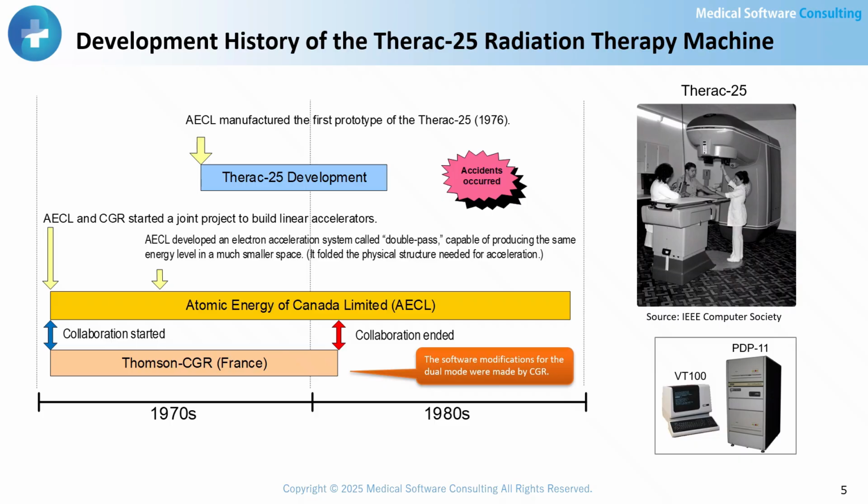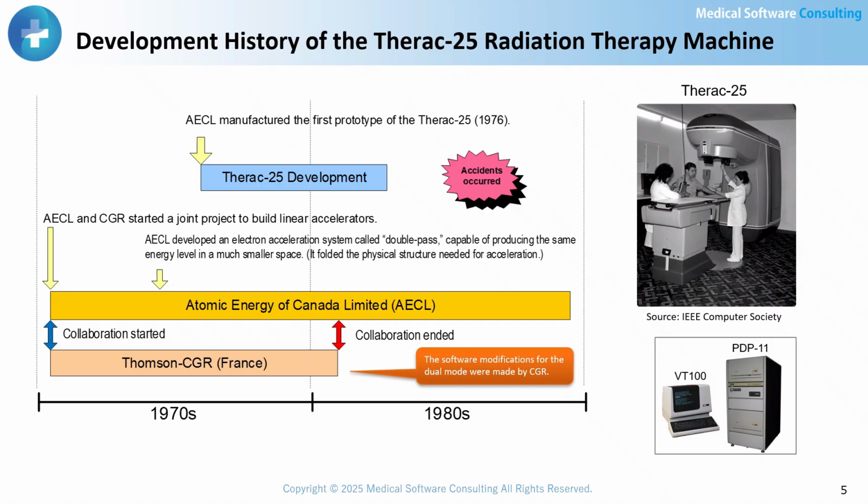Instead, electrical circuits integrated into fuses and breakers automatically shut off the beam in the event of incorrect or unsafe operations. The partnership between AECL and CGR ended in 1981, after which AECL took over the development of the Therac 25. The Therac 25 software consisted of about 20,000 lines of code, developed over 7 years by a single programmer.